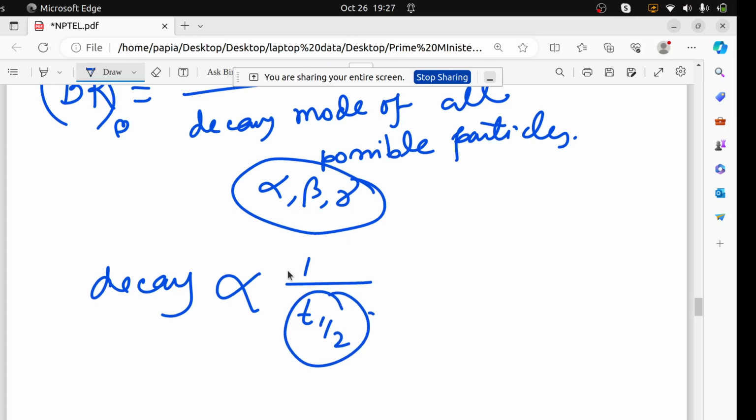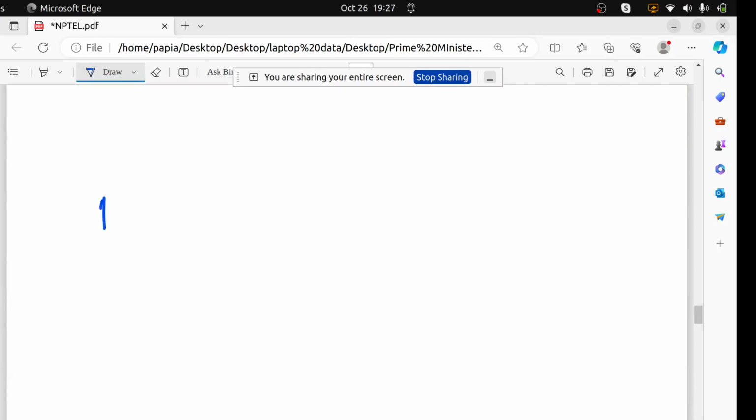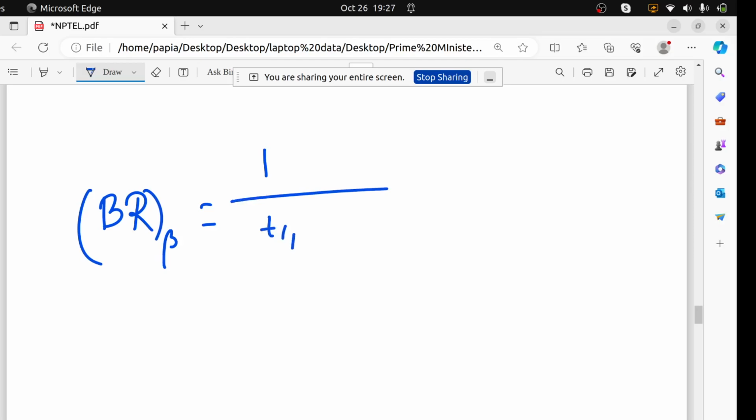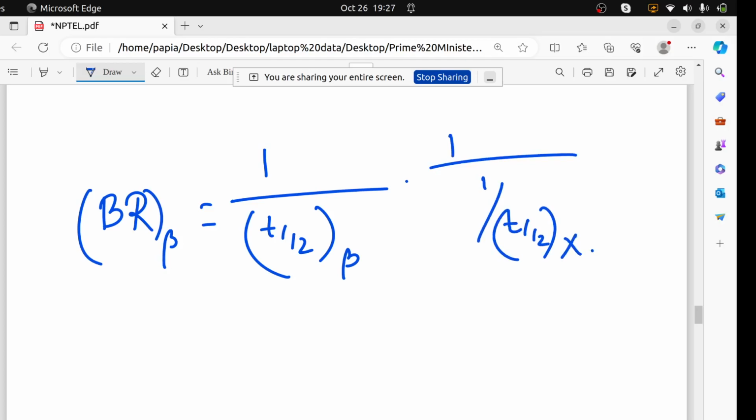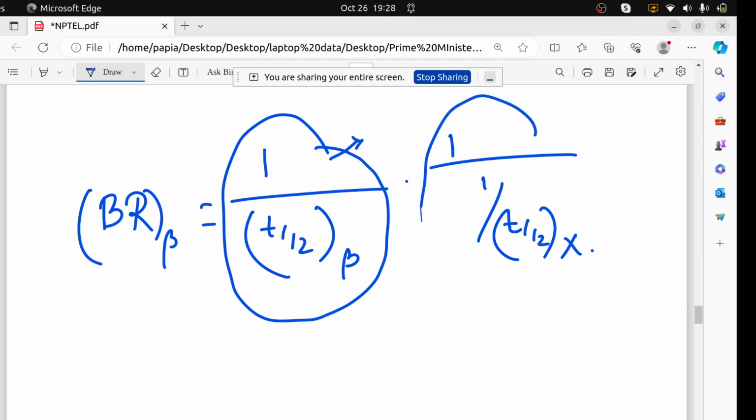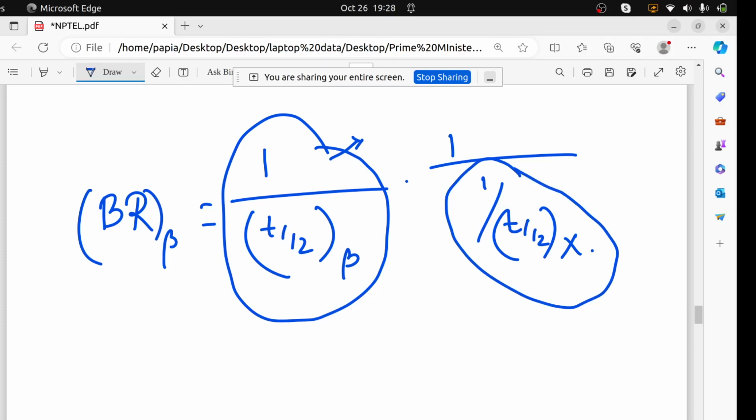So if I put this condition here, then I can write the branching ratio of beta as 1 by T half of beta divided by 1 by T half of X. Why? 1 by T half of beta is proportional to the decay of X to only beta, and 1 by T half of X is proportional to the decay of X to alpha plus beta plus gamma.